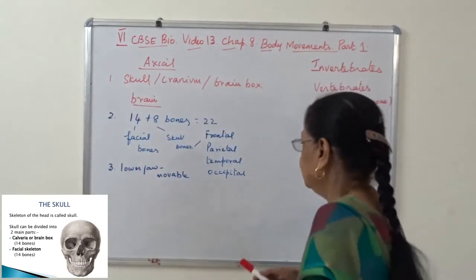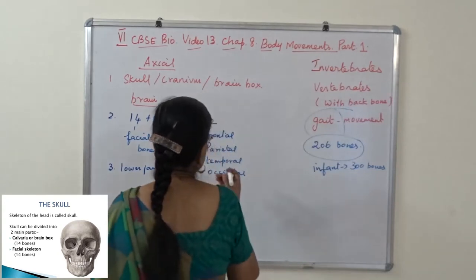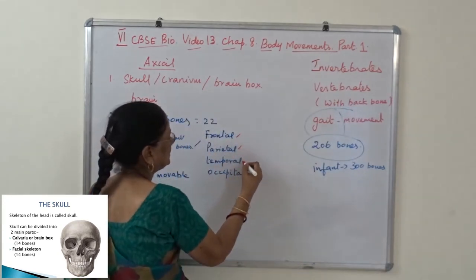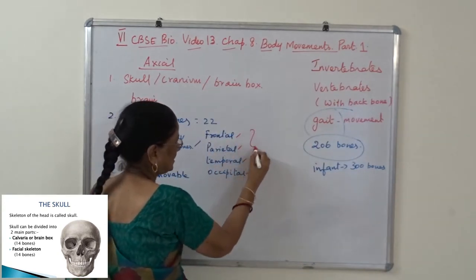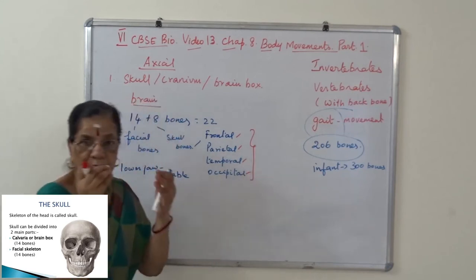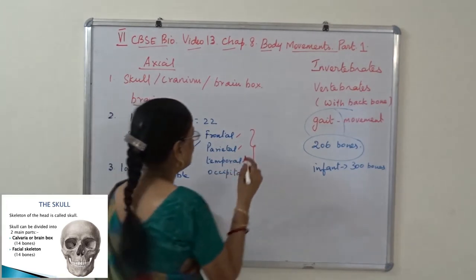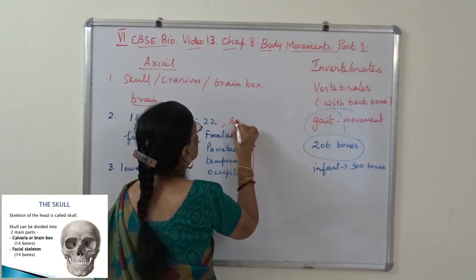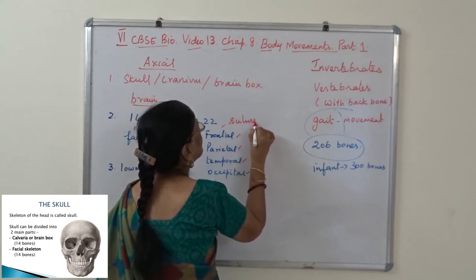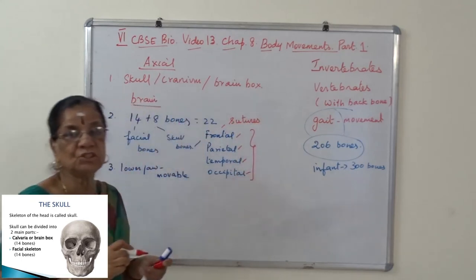Then these frontal, parietal, temporal, and occipital bones are united to each other, joined to each other with the help of a structure called sutures.